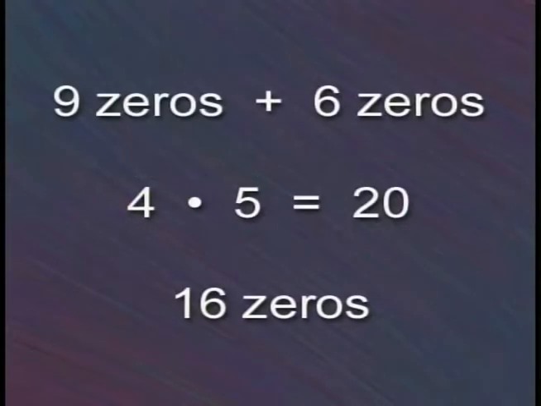The product of these two numbers will contain at least 15 zeros. However, 15 is not the final answer. Why? Well, multiplying 4 times 5 gives us 20, which adds one more zero to the final product. So the correct number of zeros is 16, or answer H.